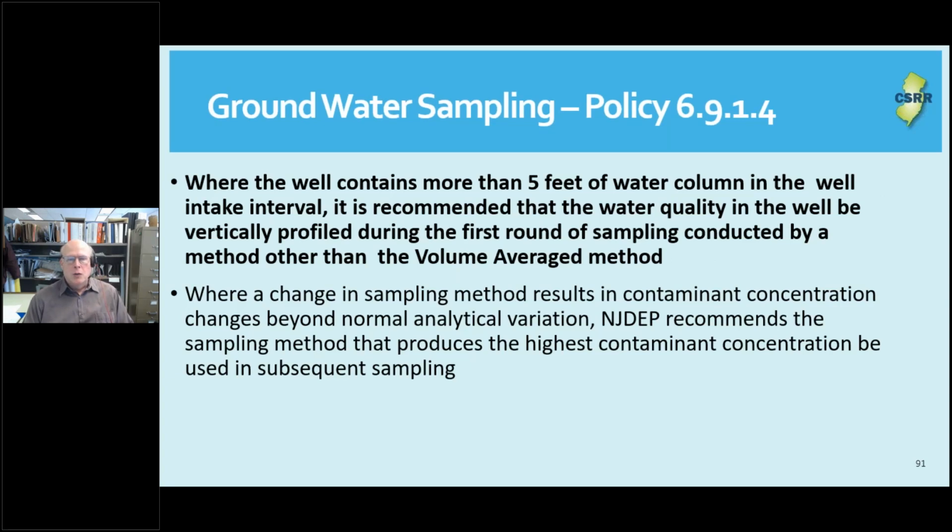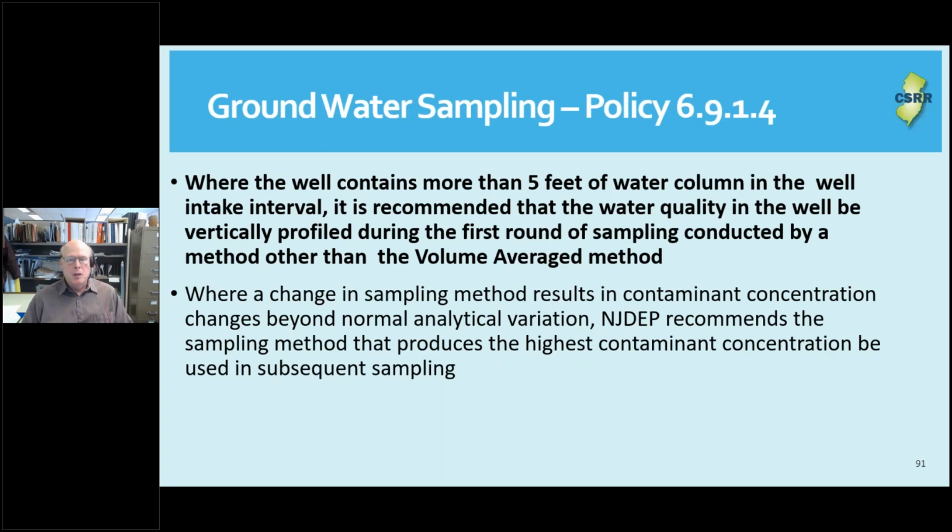Where a well contains greater than 5 feet of water in the well intake interval, a sampling method other than volume averaged is planned. DEP recommends that vertical profiling be performed to determine if the water quality within the well intake interval is stratified. It is recommended that the profiling be performed during the first round of non-volume average sampling.